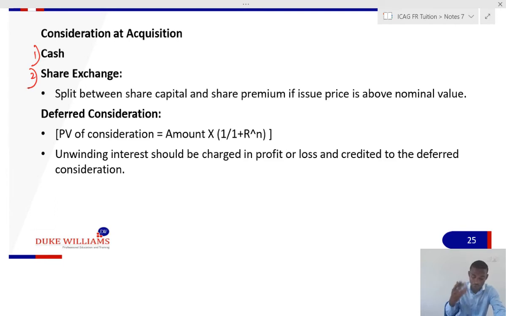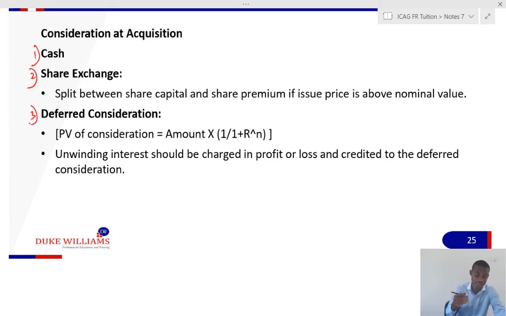Often you don't have that problem in the exam. The total shares will be added to the share capital. And then the third one is the deferred consideration, where we are looking at the present value of the future amount, and the future amount would have to be unwound, so we have to grow it back. So the present value has to be grown back to the future value.